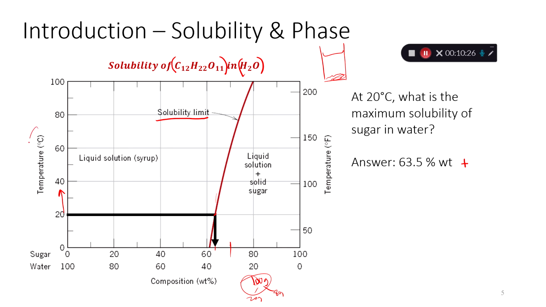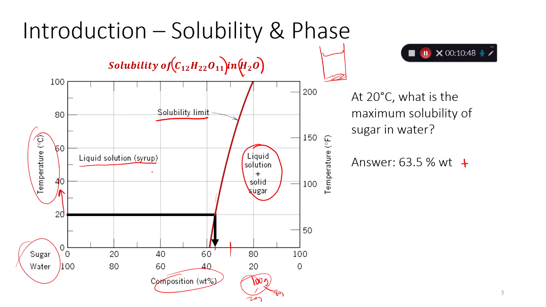You have temperature and you have the composition of the phases. And we can read how much can you put a certain solute inside this solvent before it starts to form two phases. So to the left, it will still be a liquid solution.